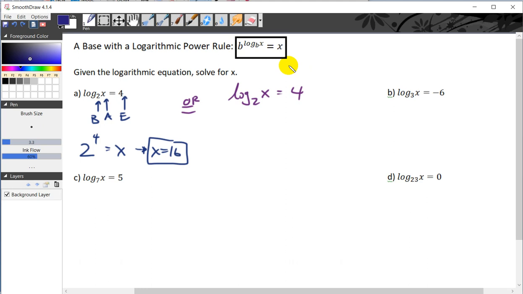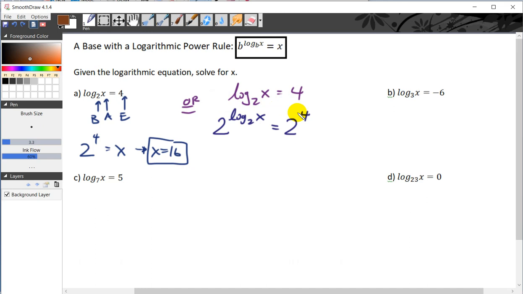Logically, another way that you could do this is to rewrite both sides of the equation with a certain base. You just look at this base here. Let's say we want to rewrite both sides of this equation with the base of 2. So we have log base 2 of x equals 2 raised to the 4th power. Basically we're just putting a 2 underneath there.